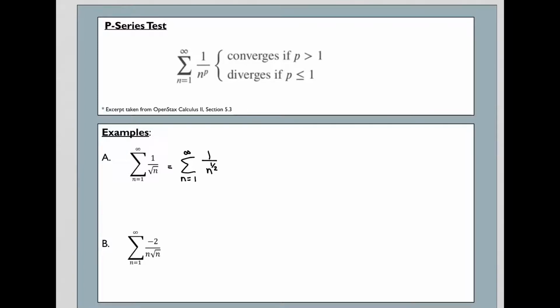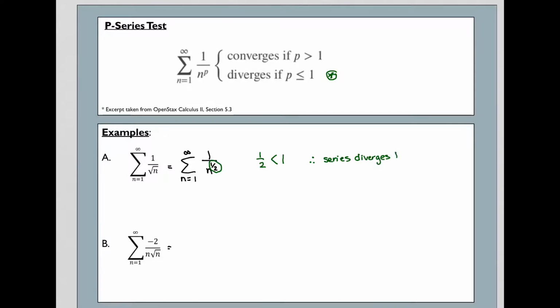And now we apply the p-series test. How does 1/2 compare to 1? 1/2 is in fact less than 1, so that puts us in the second condition, where our power is less than or equal to 1, and so therefore we say that our series diverges by the p-series test.